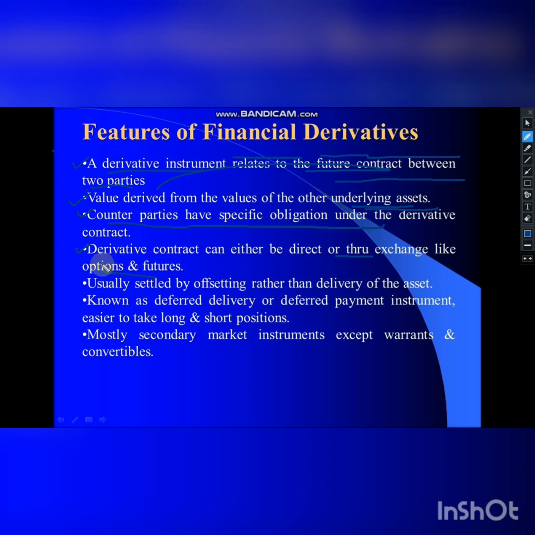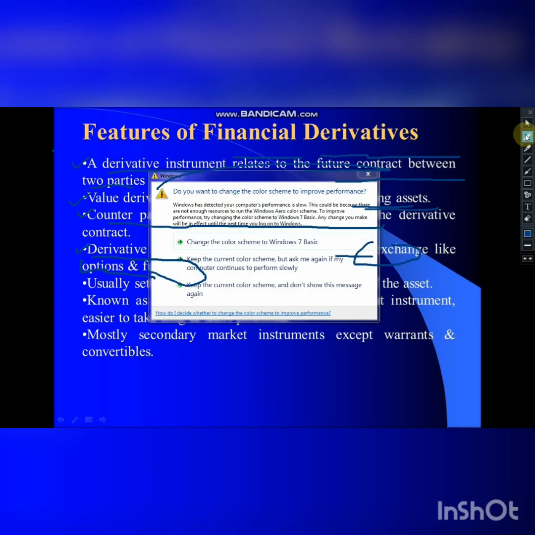If you want to trade in futures and options, you need a particular market, and that market is the stock exchange. We have two stock exchanges: the Bombay Stock Exchange and the National Stock Exchange. All these things will come in detail in the next video, when we talk about types of derivatives. So don't panic.